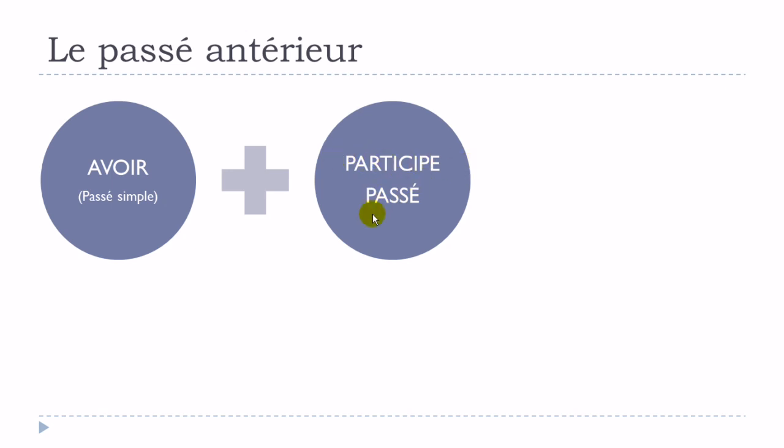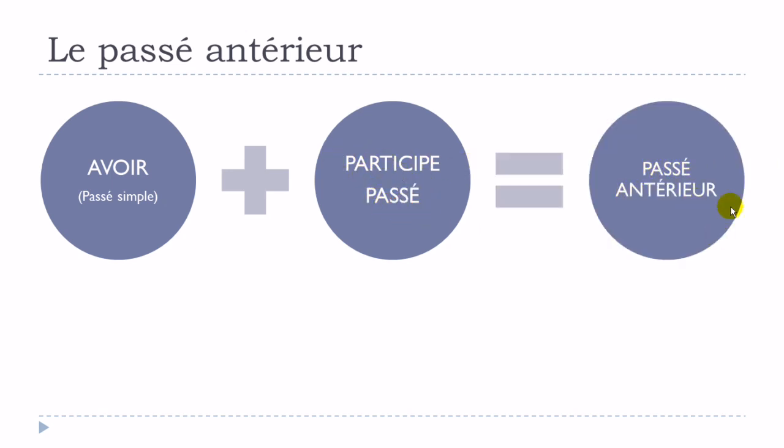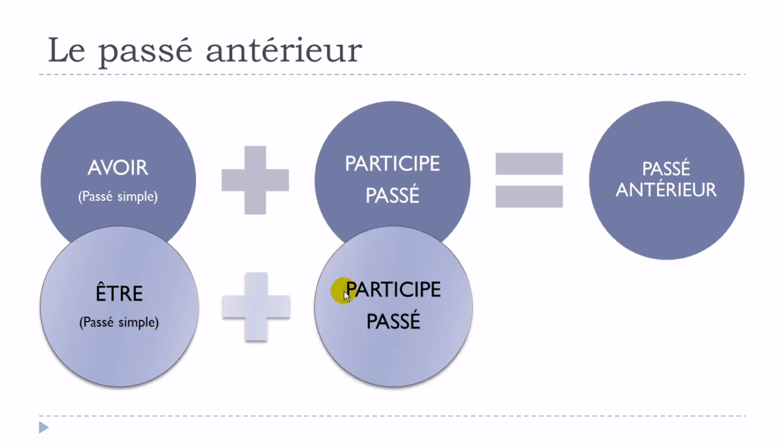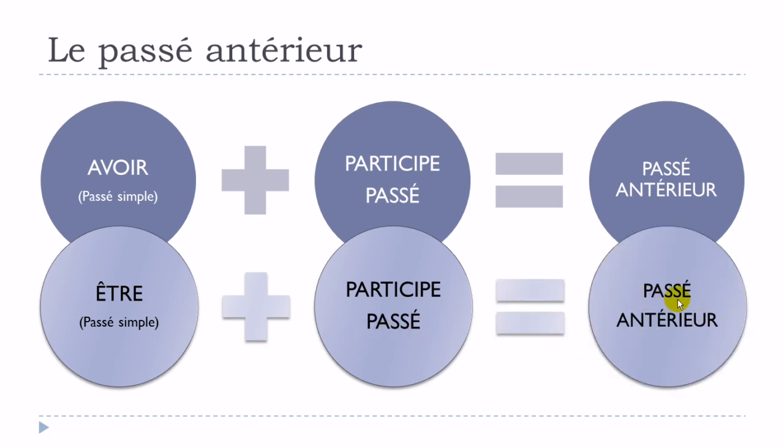Then you will put your participe passé, this past participle, and you will get le passé antérieur. Okay? In some cases, remember, we will use être. Same thing here, you get to conjugate être at the passé simple form. Then you will put le participe passé, and it will give you le passé antérieur.